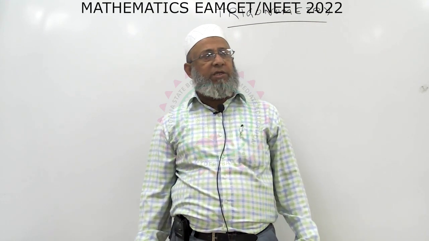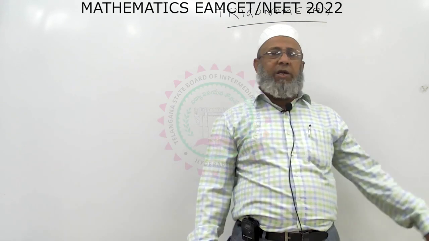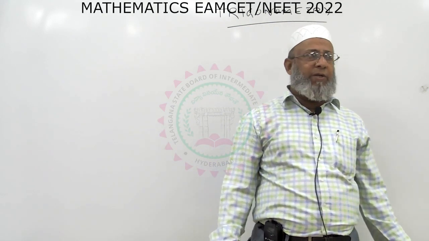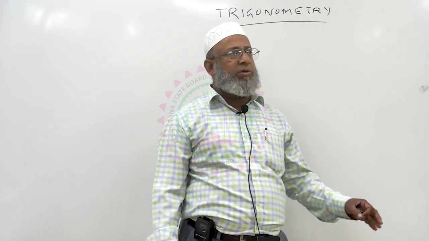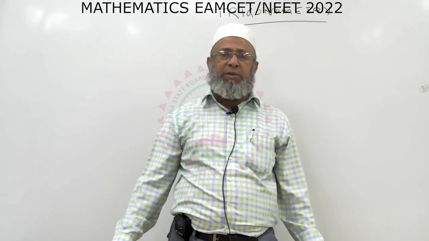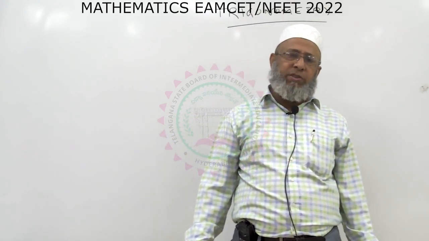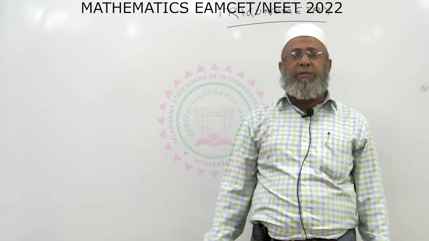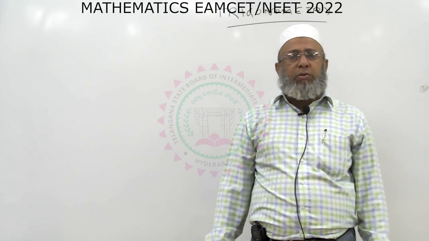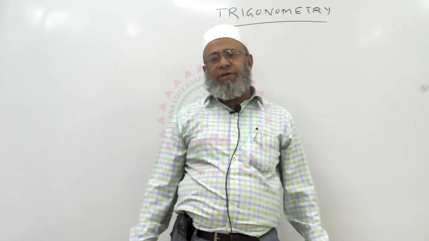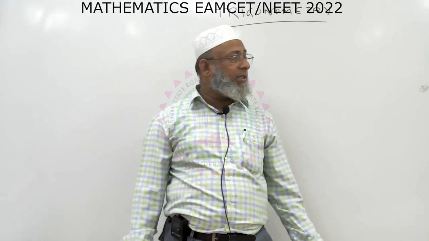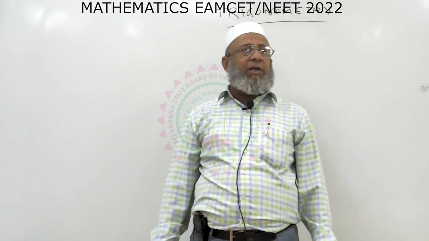That is 90 minus theta, all quadrants, and 180 minus theta, all values, then 270 minus theta, 270 plus theta, 360 minus theta, and 360 plus theta, and so on. So, all these formulae you are perfect in. You have already read them, and you have written the examination for this, right?